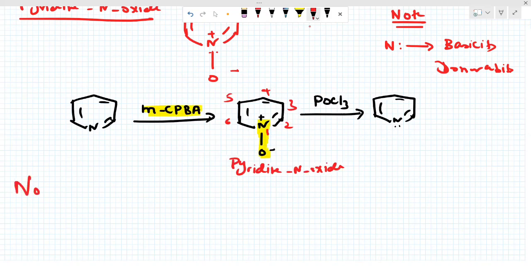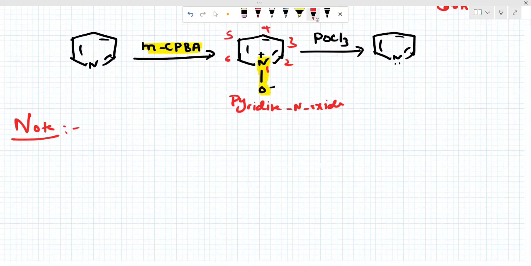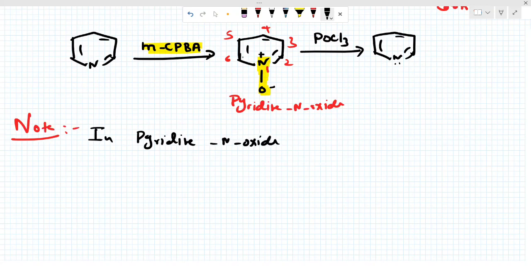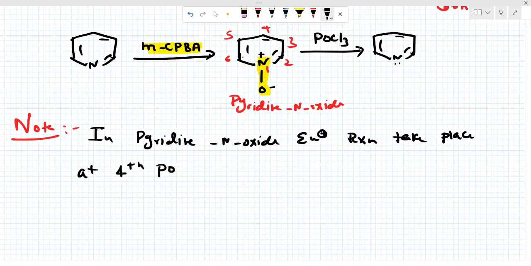Now note, a very important point, please note: in pyridine N-oxide, the electrophilic reaction takes place at the fourth position. This is very important.